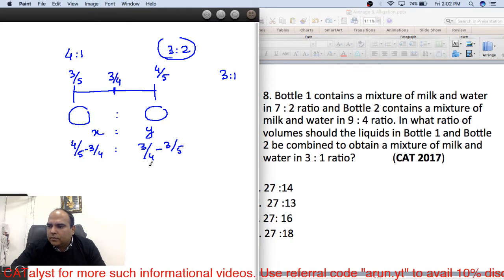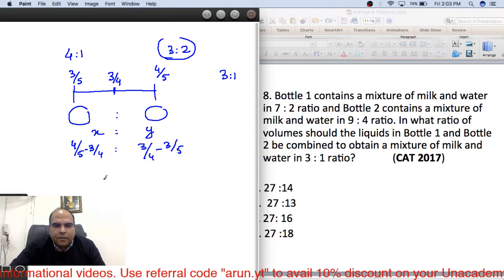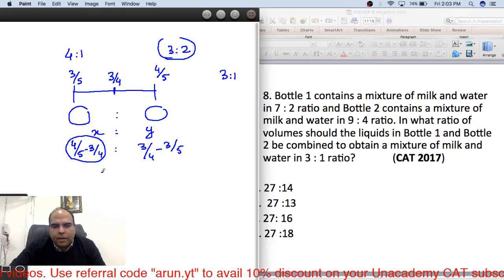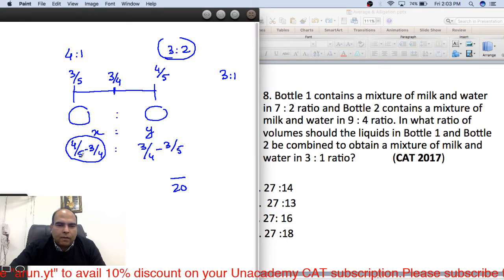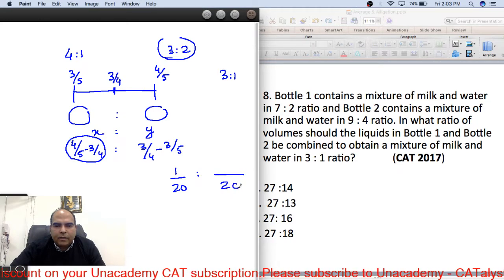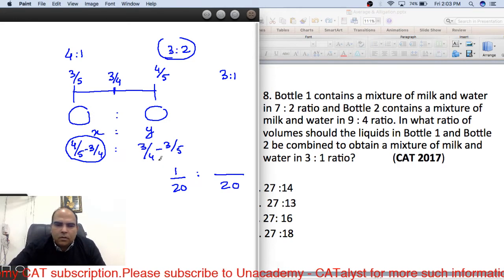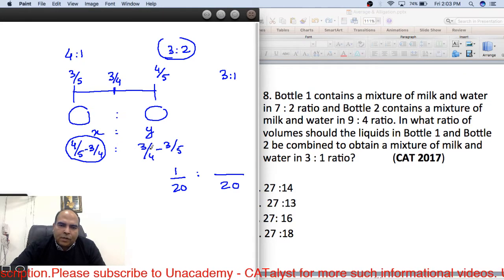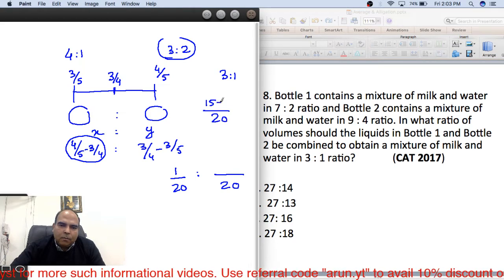So if I use this, if I take 4/5 minus 3/4, the common part will be 20, and 5 4s are 20 and 4 5s are 16, so that gives 1/20. Here also 20 will be common: 3/4 minus 3/5, taking 20 common, this is 15 minus 12.